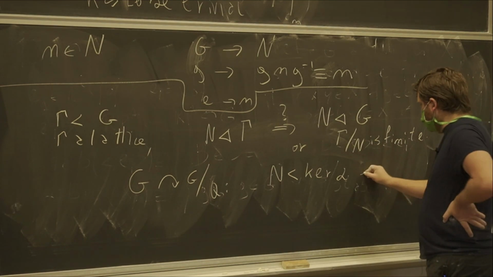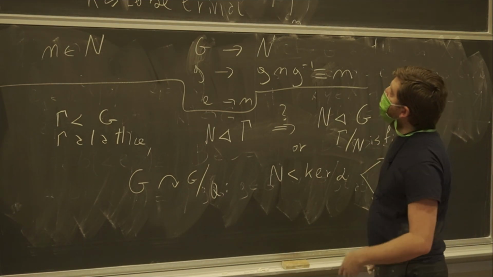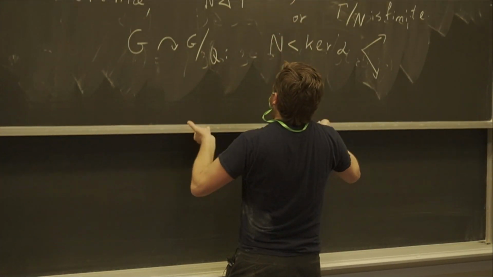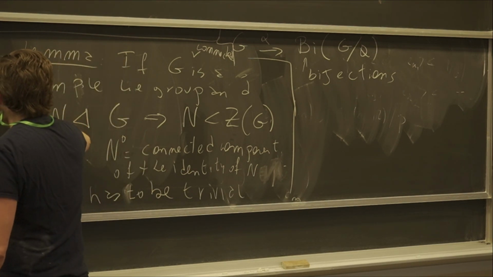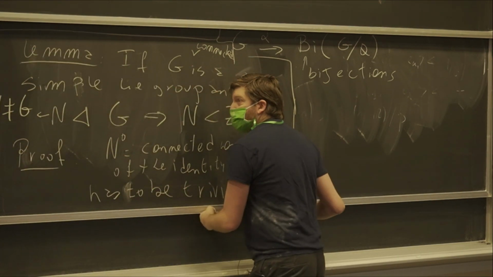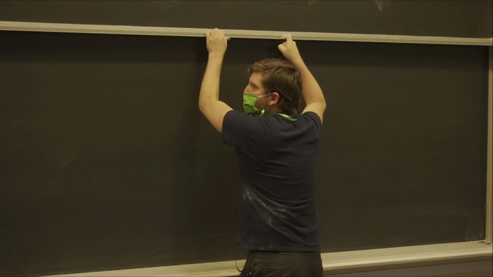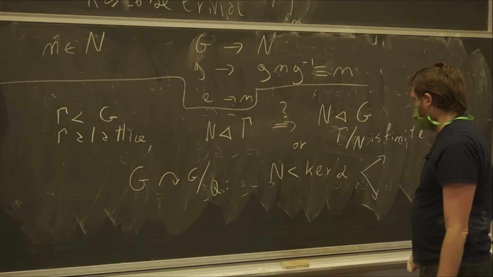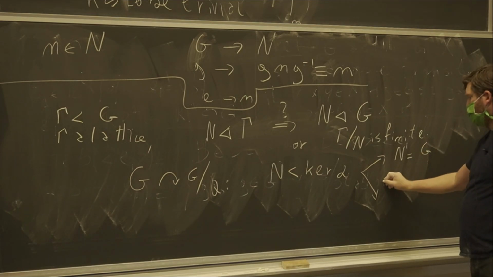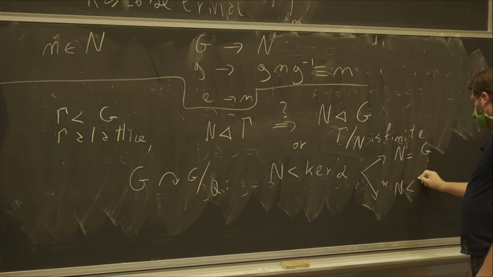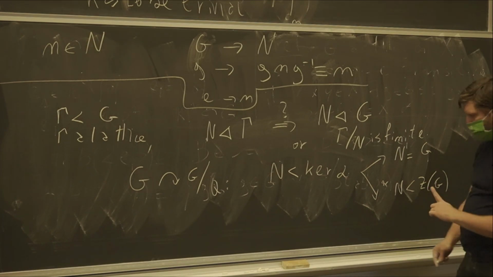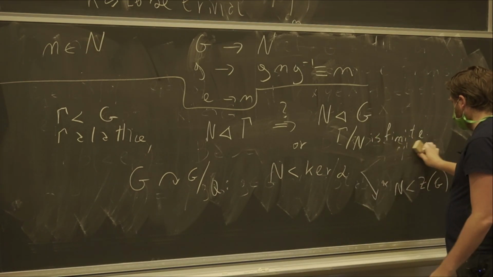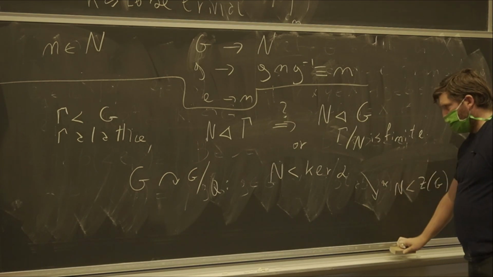And then, of course, if N is G, certainly it is not in the center. So either N is in the center or Q is G.